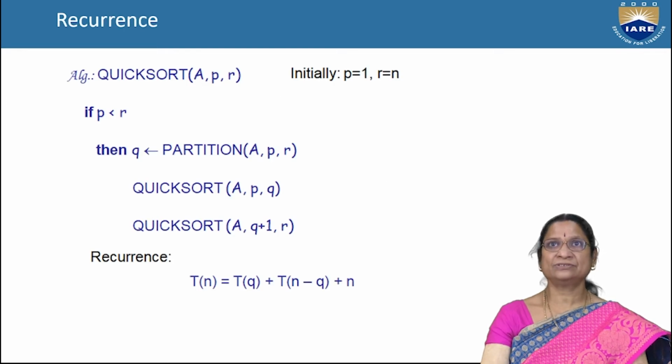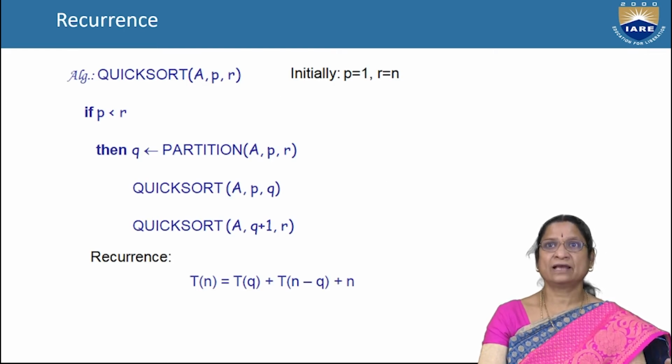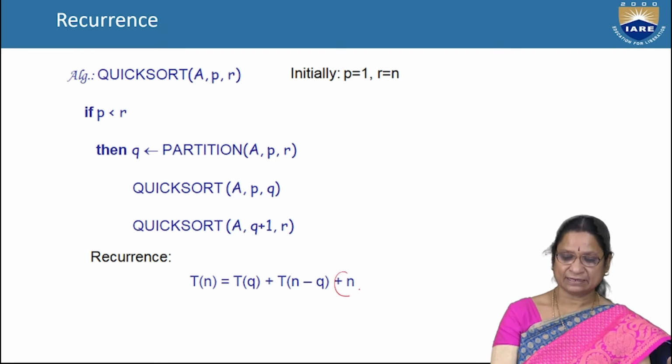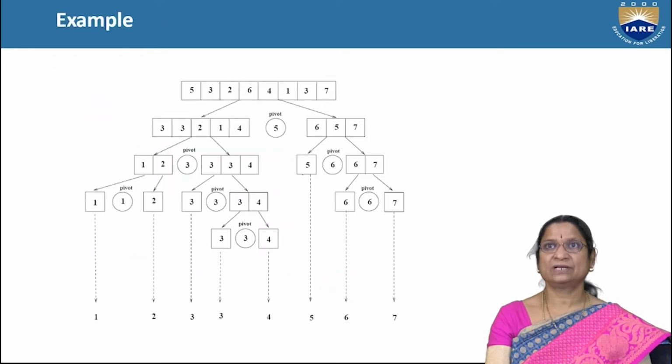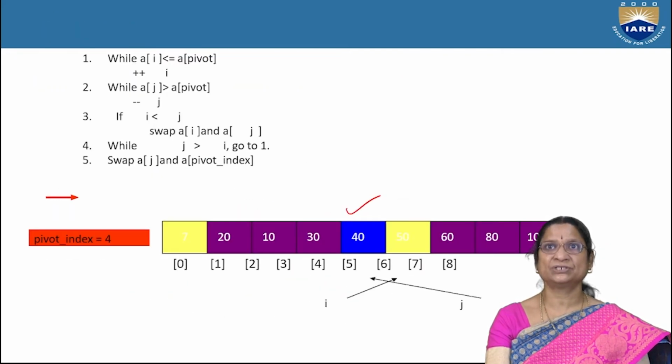When we consider this recurrence, T of n is equal to T of q plus T of n minus q plus n, where n is the time taken to partition. You observe the algorithm we have used for partition.